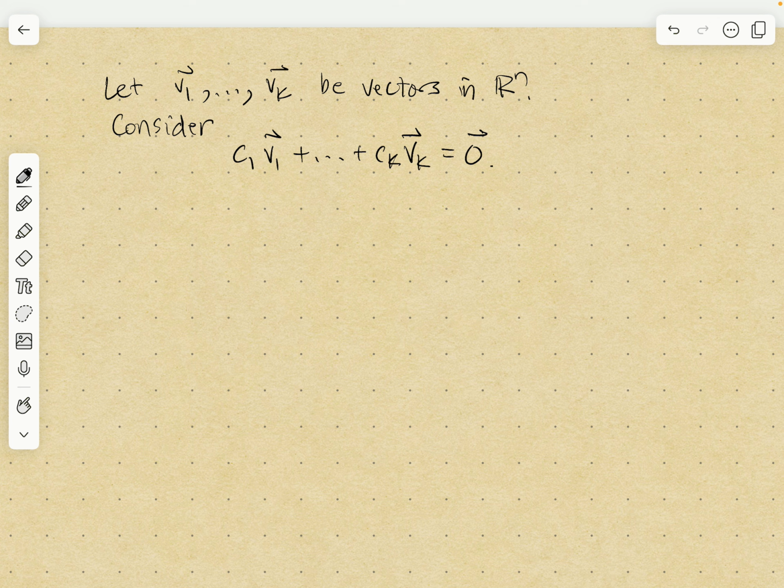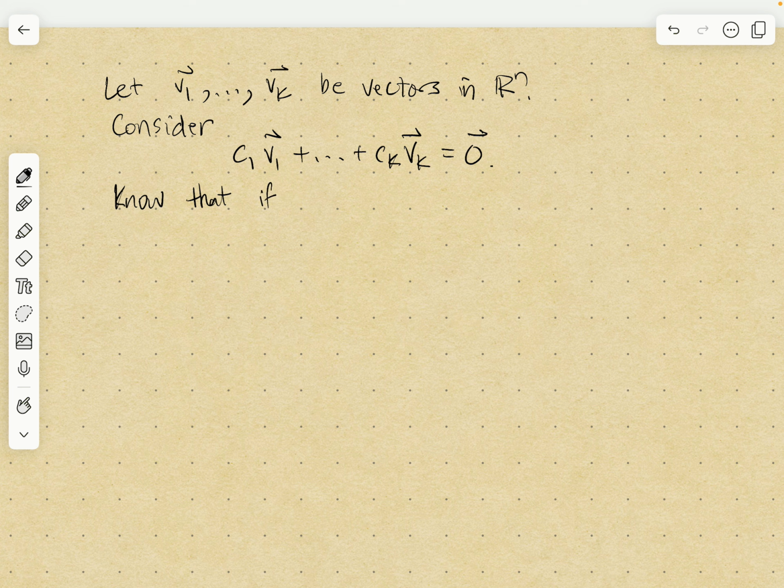Well, we know right away, can you come up with values of c1 through ck that make this equation true, no matter what your v1 through vk are? Yes, there is. You can take c1 equal to 0, c2 equal to 0, dot dot dot, all the way through ck equal to 0.